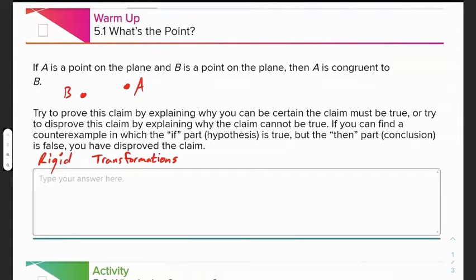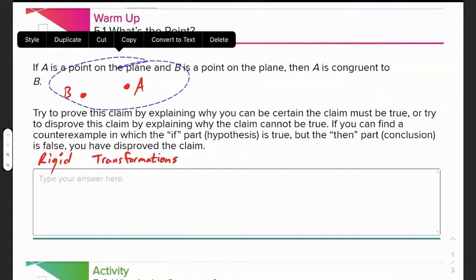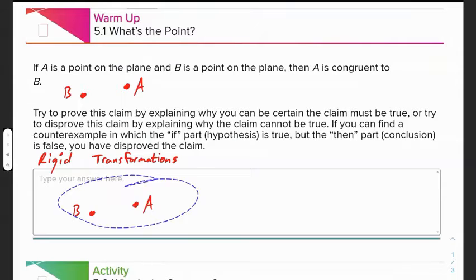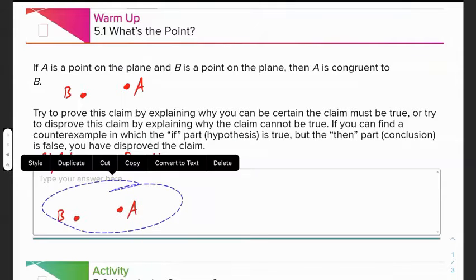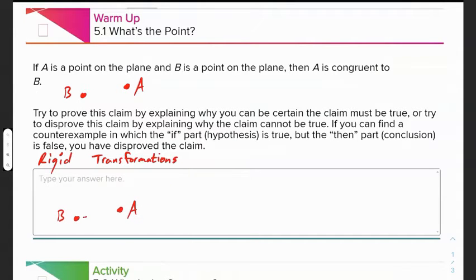Let me copy, paste. There we go. So we could do a translation. That can map a point, in this case point A, onto point B. And a point is just a point, so they should be congruent to one another.